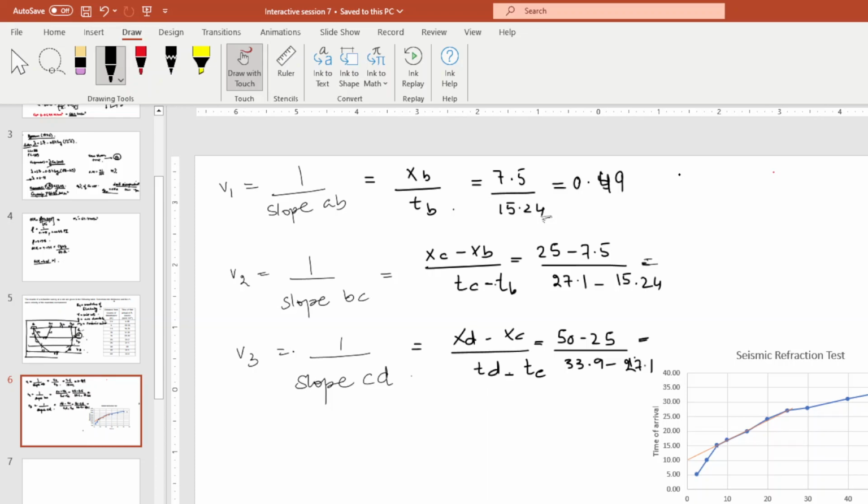So these are the velocities in the three profiles. For calculating the depth of these profiles, we have to know these intercepts, the lines I was drawing.